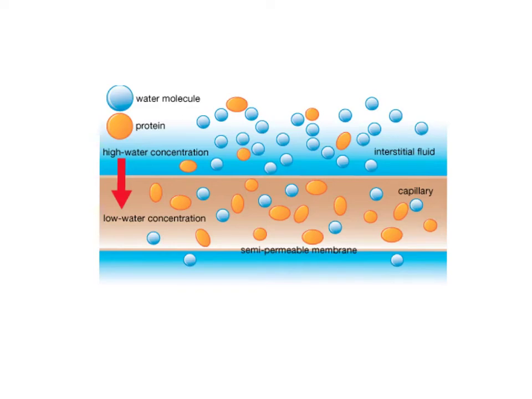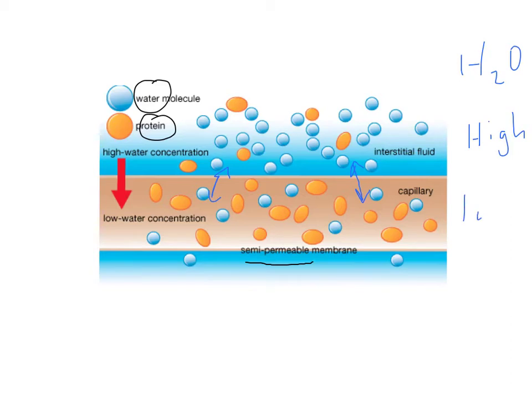So now that you have remembered all those things about the water and the protein and the semi-permeable membrane, now we can start to understand how the plasma proteins affect blood pressure. So we know that water can go back and forth across the membrane however it wants to. And in this scenario you can see that for water, good old H2O, outside the capillary it's at a high concentration, and inside the capillary it's at a low concentration.